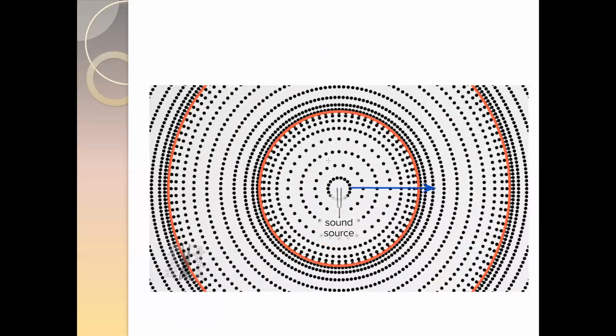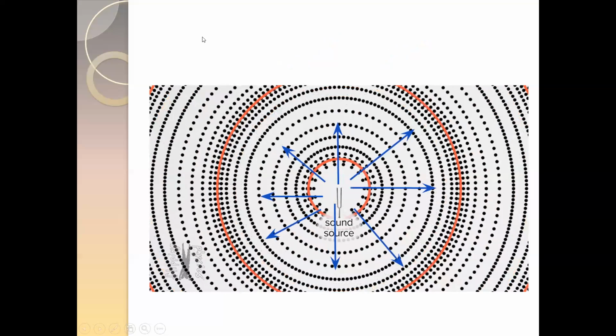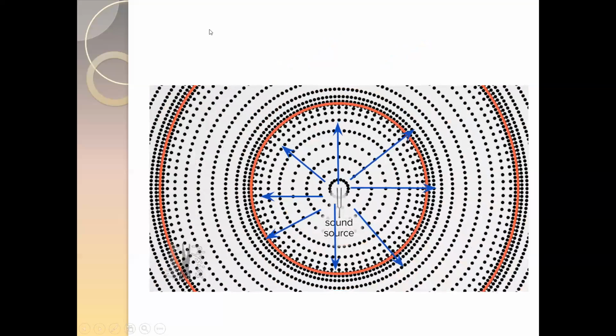So in the previous picture, as you can see, basically the wave is transferring in all directions. It is moving towards the right, it is moving towards the left. When we compare the direction of vibration of the particles, the particles move in the same direction as the energy transfer.